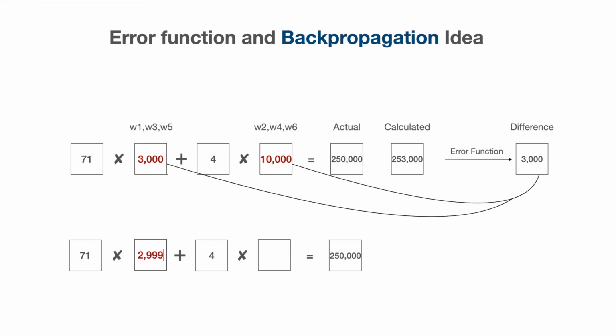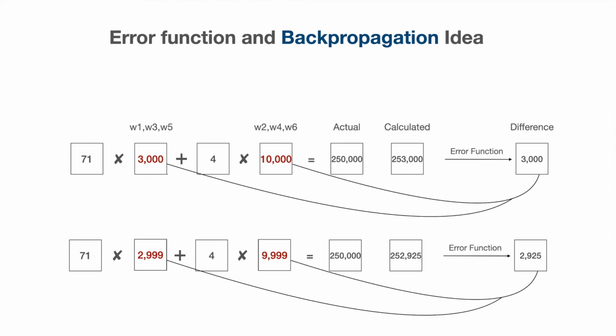We now got a new set of numbers and hence a new error term. Now this error term is better than the previous value because the newly calculated value is closer to the actual value. We again look into the error and pass this information to the weights so that they can be updated accordingly. Now we have to repeat this for every training example, and this is the intuition behind backpropagation.